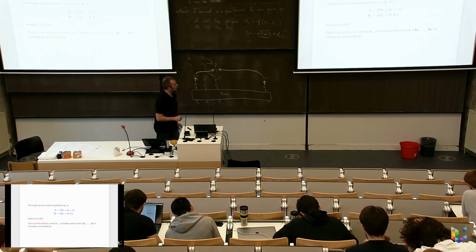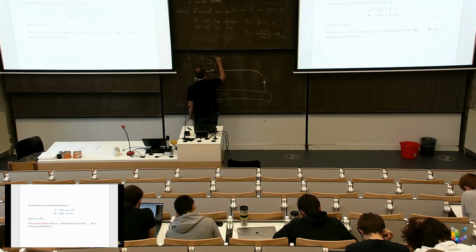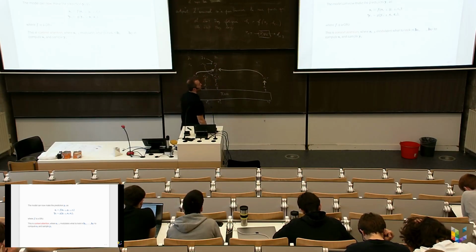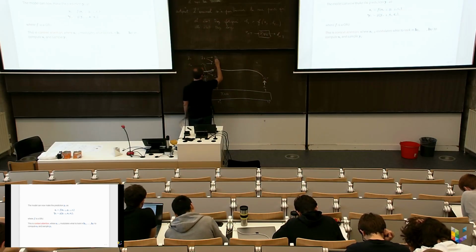And finally, once we have S, we generate the next token, Y3, and we do that conditionally on the previous one, conditionally on S, and conditionally on the context.